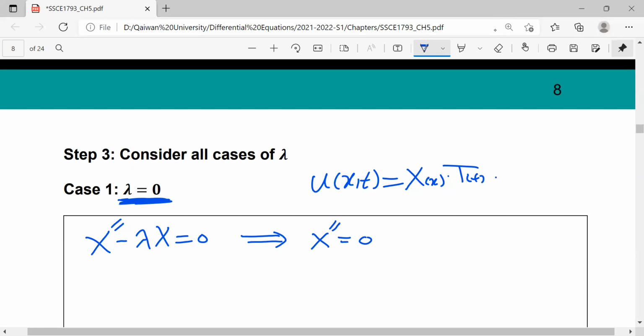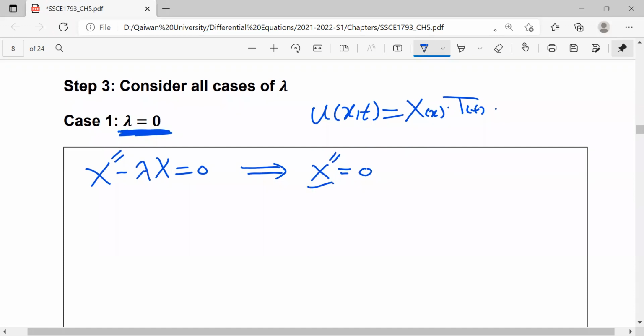How to get x? By taking two integrations of both sides with respect to x. The integration of x double prime dx equals the integration of 0 dx.